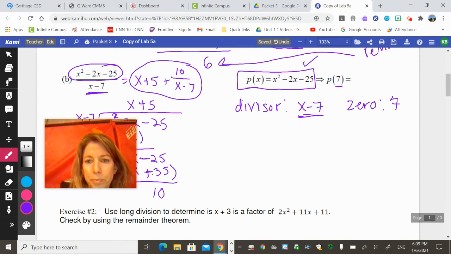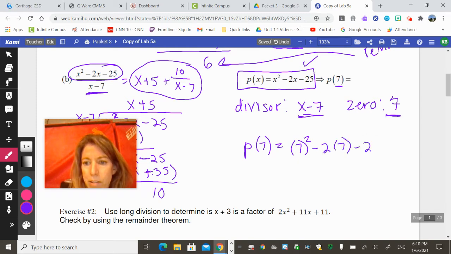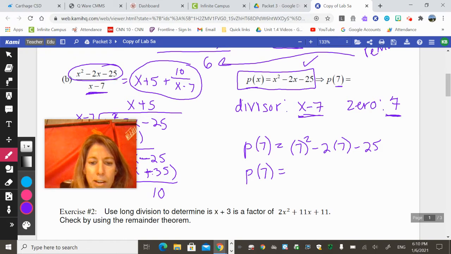So if I use the 0 as my input, 7's my new input, I'm going to replace my x's with a specific input of 7, and I should get an output that's the same as the remainder 10 here.